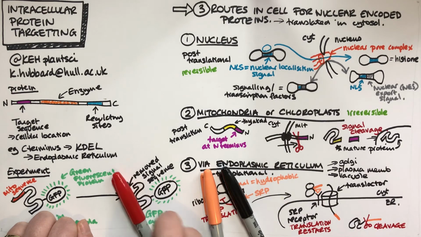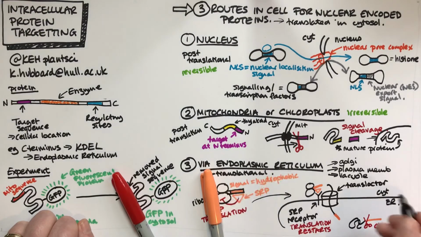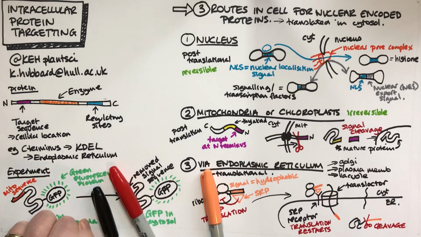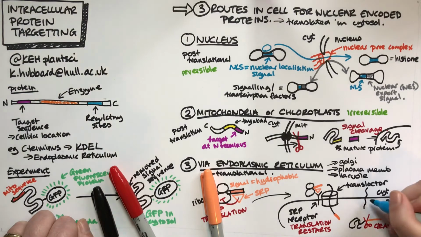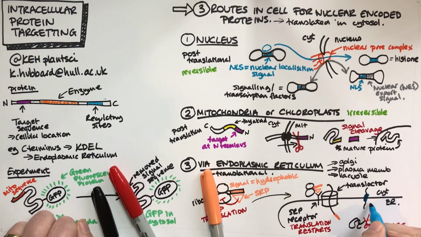Or what we can have is sometimes, again depending on another sequence, so let's say we've got a blue sequence in there, so let's say we've got that on our protein.